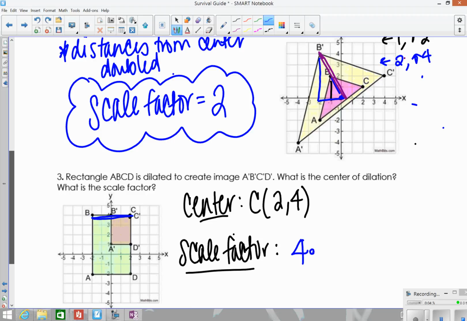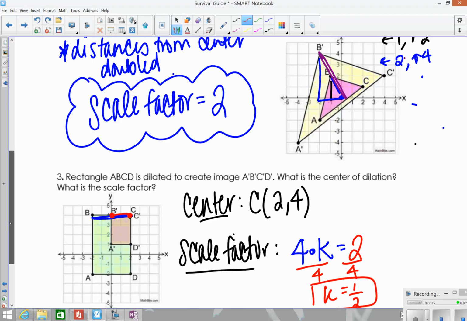So 4 times K had to give me the new distance from C to B prime, which is the image after the dilation, and that was 2. So 4, the original length, times the scale factor equals 2. If you divide both sides by 4, you get K equals 2 over 4, which reduces to 1/2. So the scale factor is 1/2.